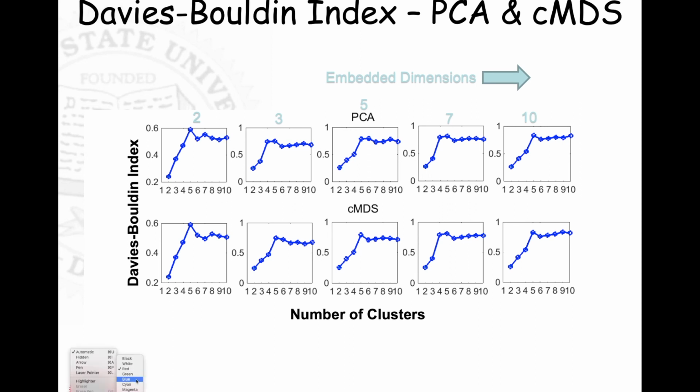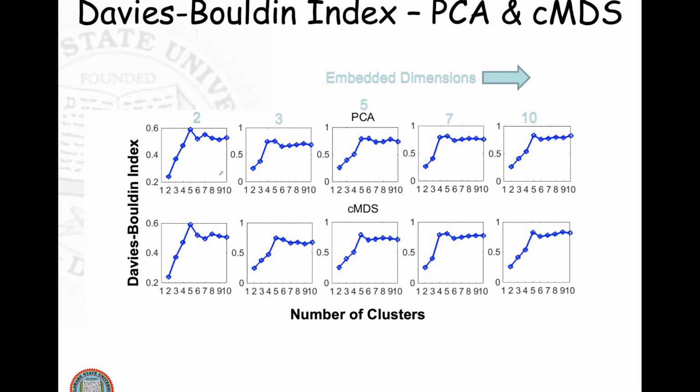If we look at this going from top to bottom and left to right, the top row is for PCA, the bottom row is for classical MDS. And for each graph, the number of clusters is along the horizontal axis. So we go cluster of 1 through cluster of 10, and mind you, ground truth, we have 6 different compounds in this experiment. And then the vertical axis is the DBI score, the Davies-Bouldin Index. Smaller means better.